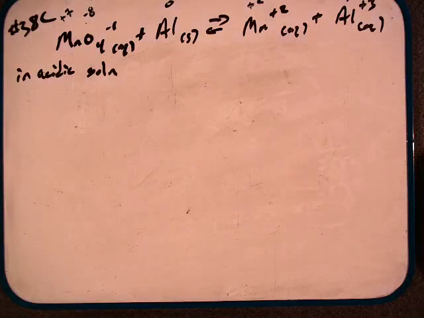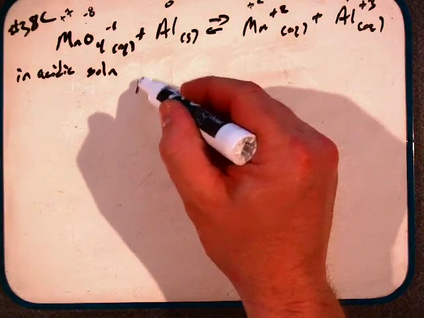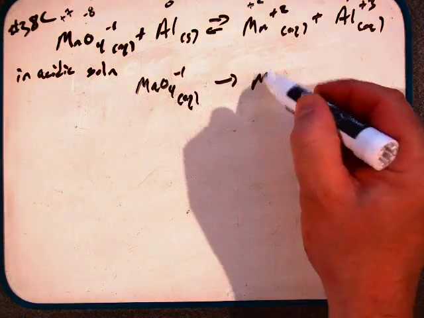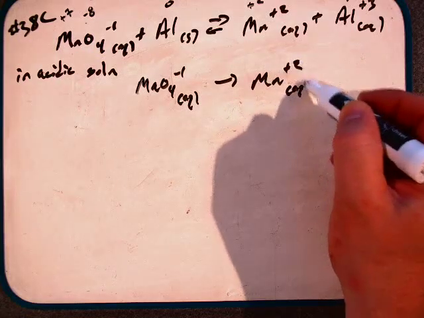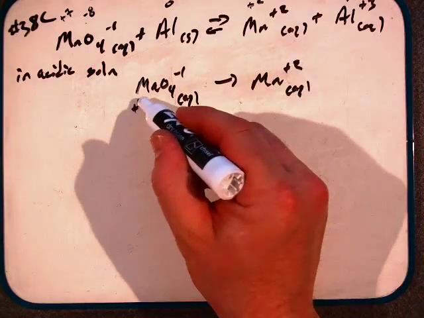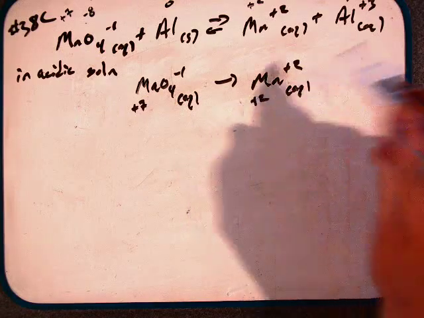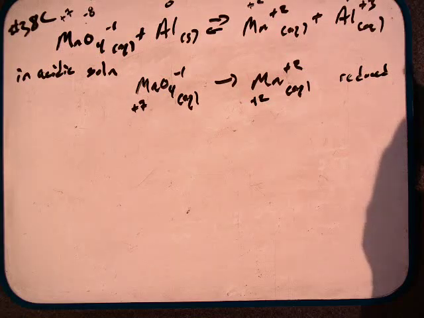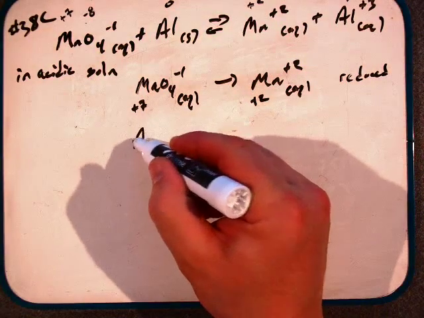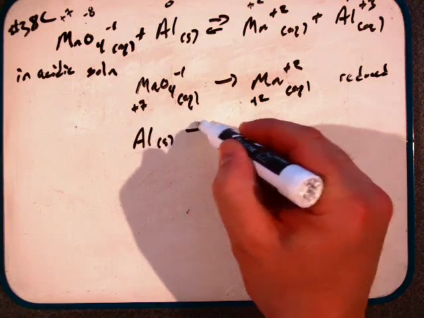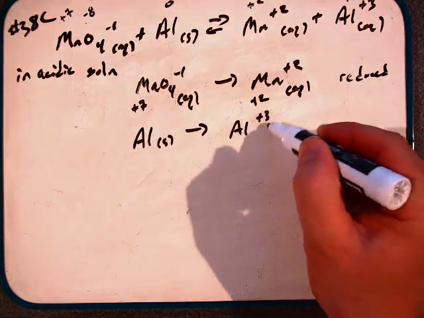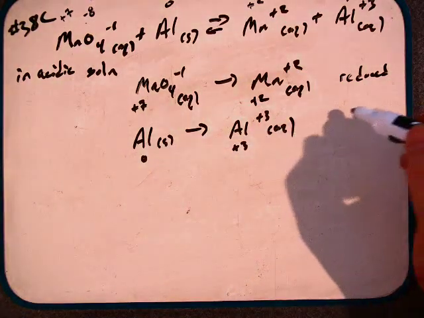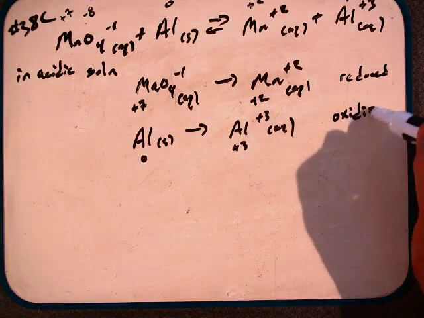So that means the manganese is going from +7 to +2, so it is being reduced, and so that means our other species, the aluminum, which is going from 0 to a +3, has to be being oxidized.